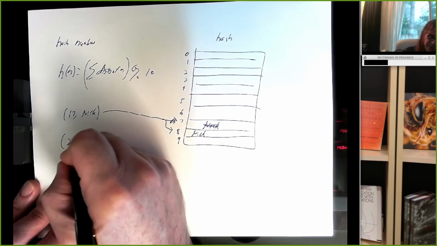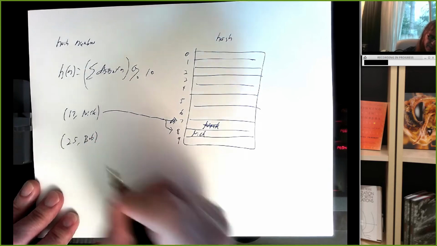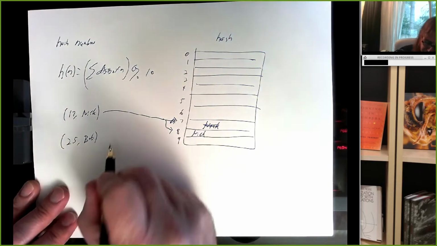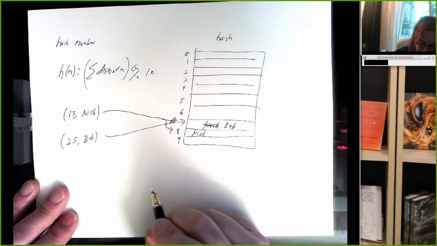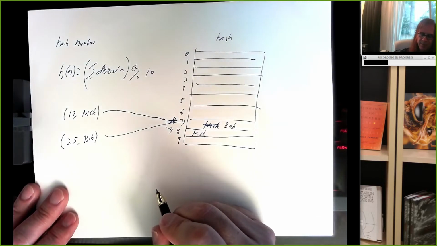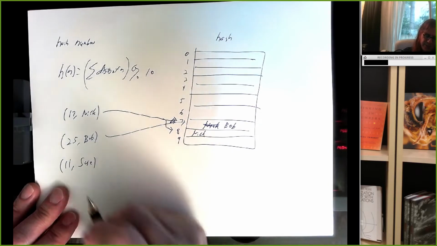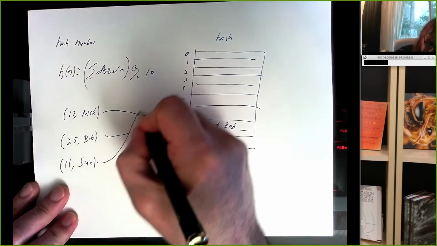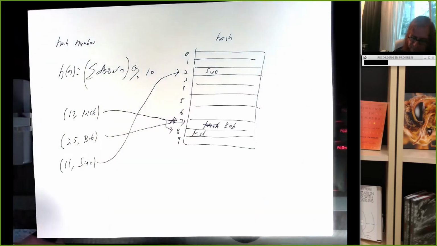And let's say I want to store 25 and Bob. So 2 and 5 is 7, so this will hash to location 7, and I'll put Bob there. And let's say with the number 11, I want to store Sue. And so 1 plus 1 is 2, and so this is going to be where Sue gets stored.